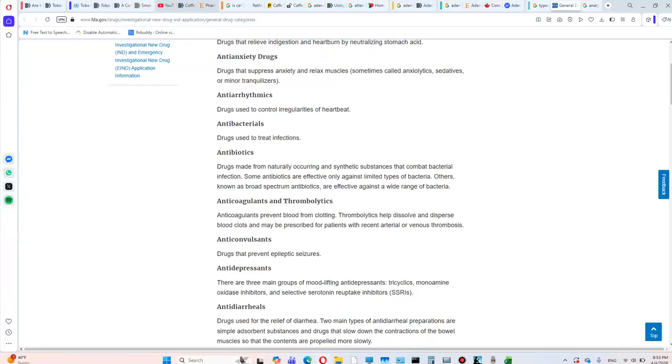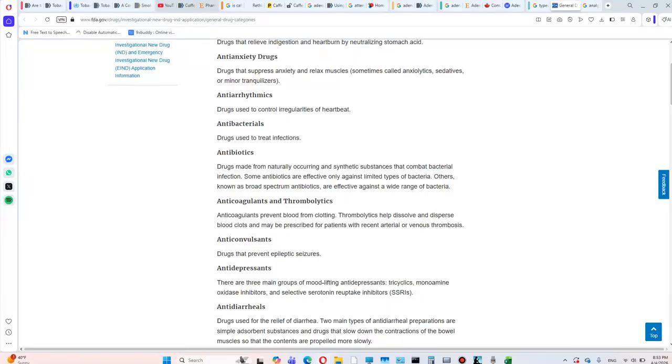Anticoagulants and thrombolytics. Anticoagulants prevent blood from clotting.